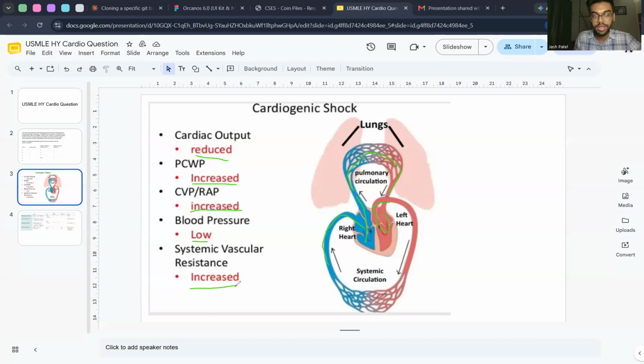The body can only compensate for decreased cardiac output up to a point. When cardiac output is drastically decreased, the body can no more compensate for it by increasing the systemic vascular resistance, and then the blood pressure goes down, and then the patient is said to have gone in shock.